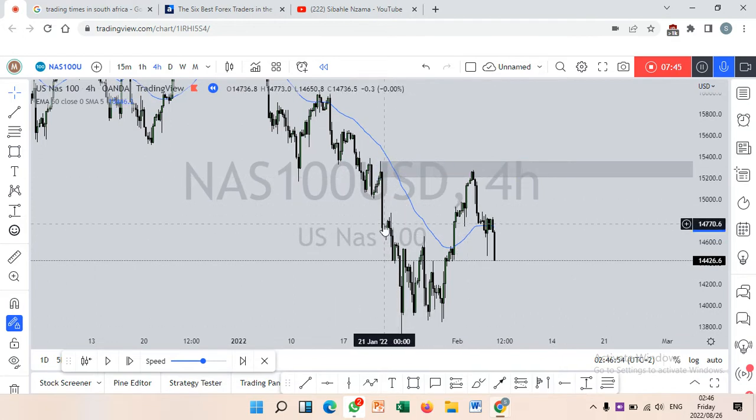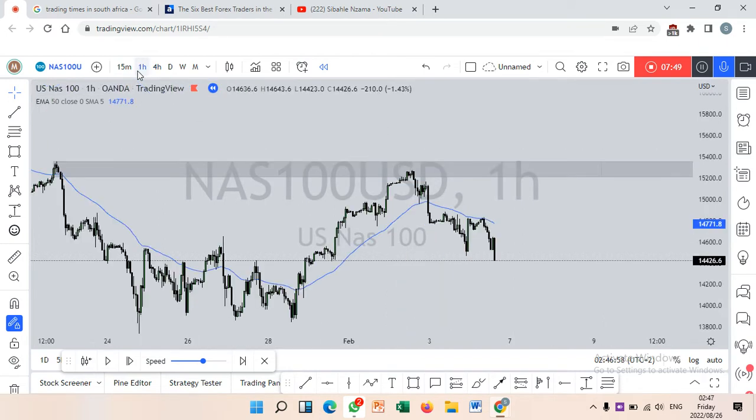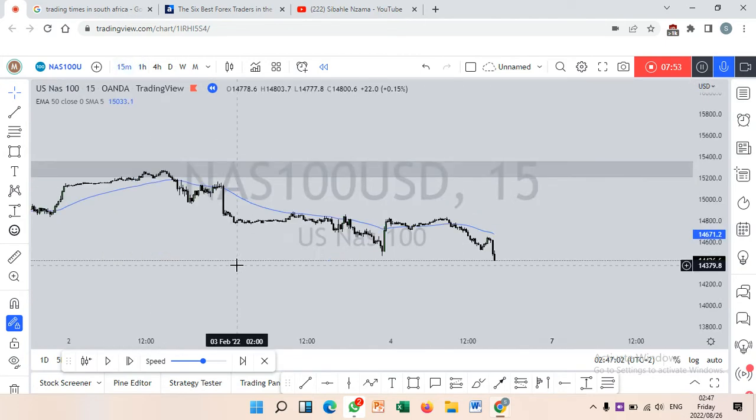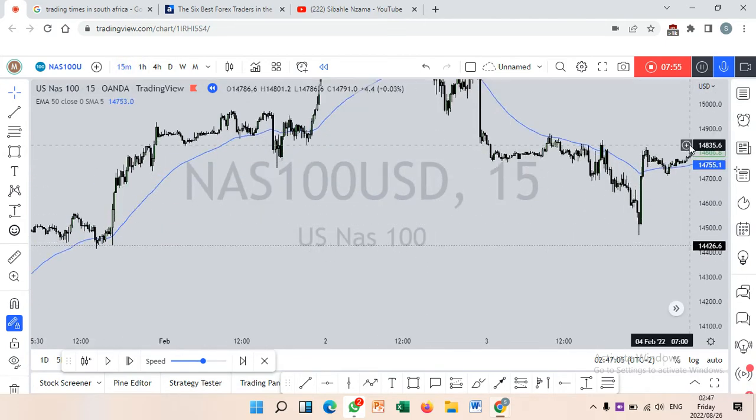It did break previous structure, and then we go down to the hourly to just observe, but we go down to 15 minutes to find an entry. I probably skipped a lot. So yeah, we use the daily, 4 hour, 1 hour, and 15 minute time frames.